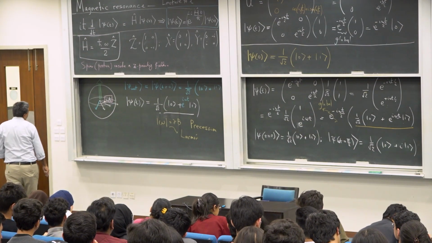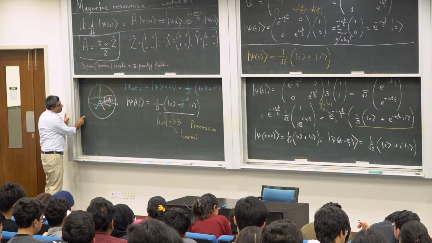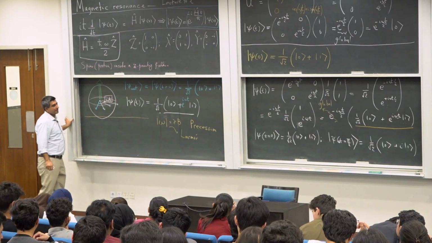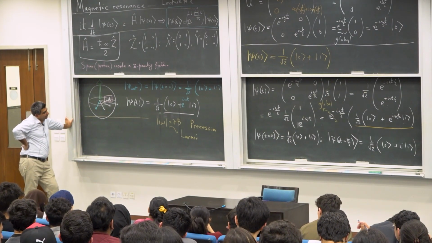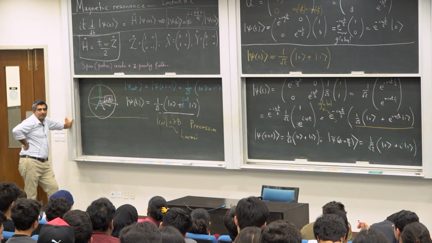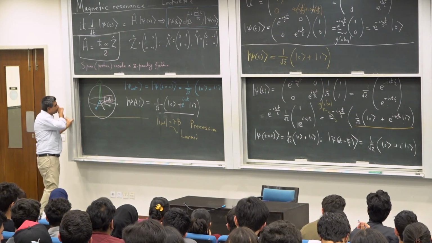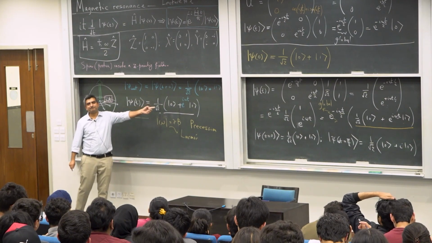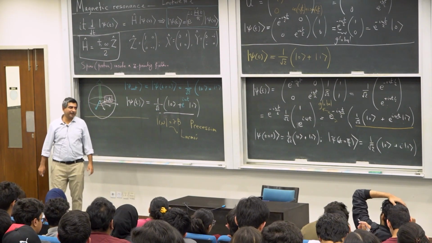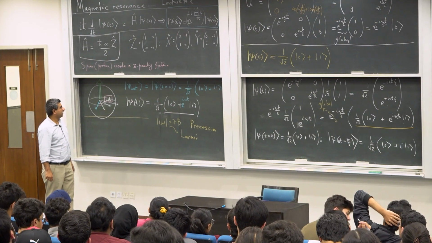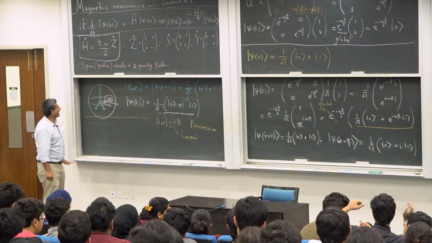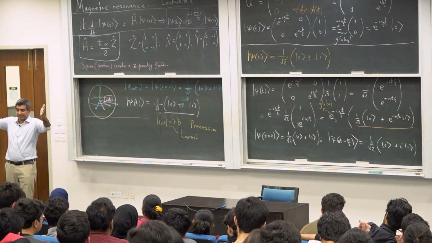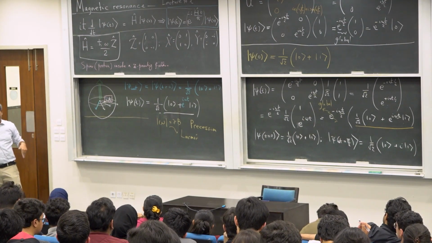Now what I could do is discuss two things. The first thing I could discuss, this is my quantum state. I can view this precession in another fashion. And this is very important because this ties up with the latter half of this class today.